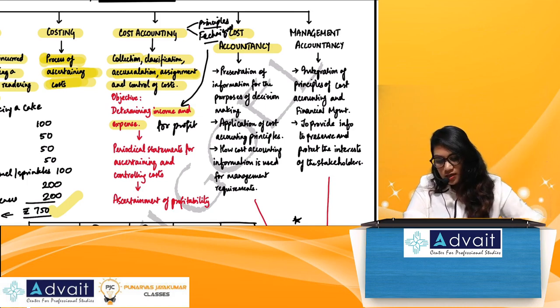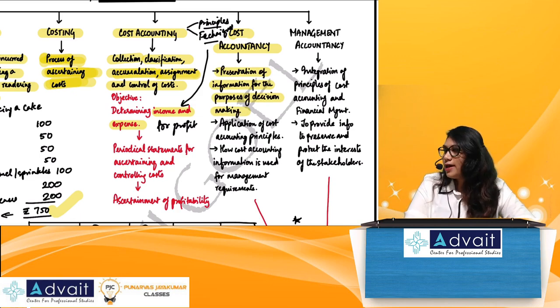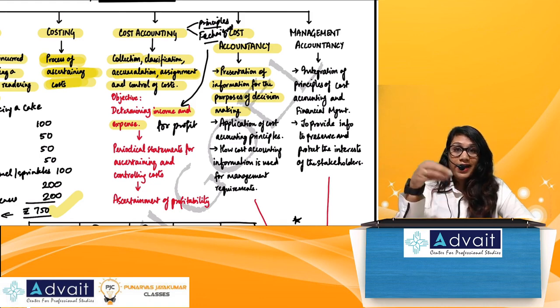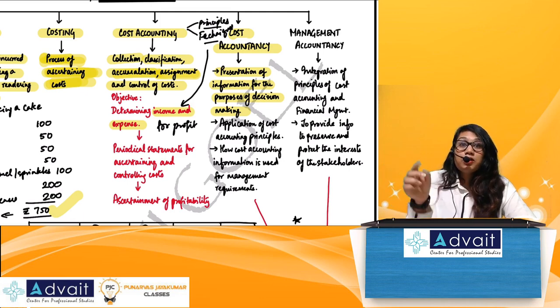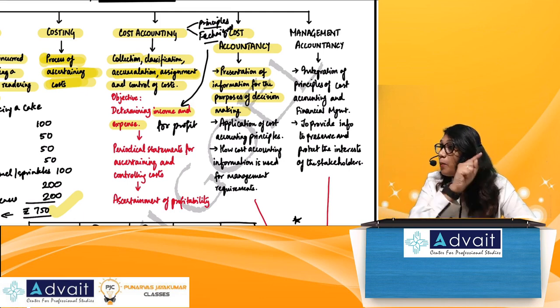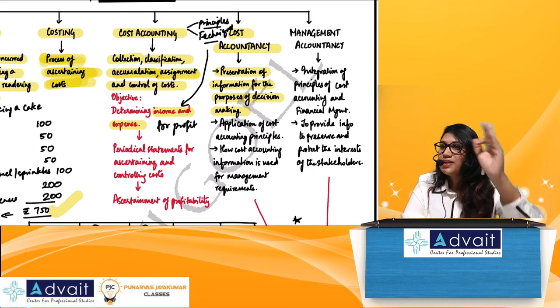Presentation of information for the purposes of decision making. So now I am applying that costing principle and technique not for mere calculation of selling price and profit, but for taking very, very important decisions. Then that becomes cost accountancy.